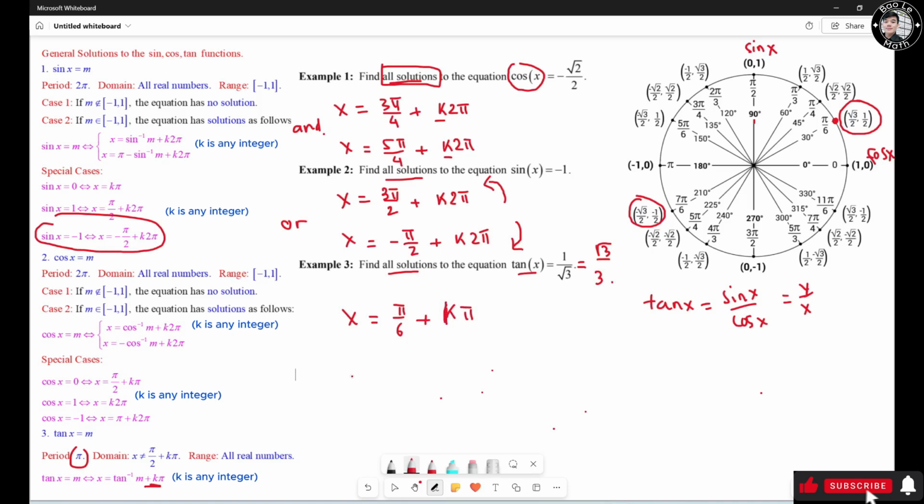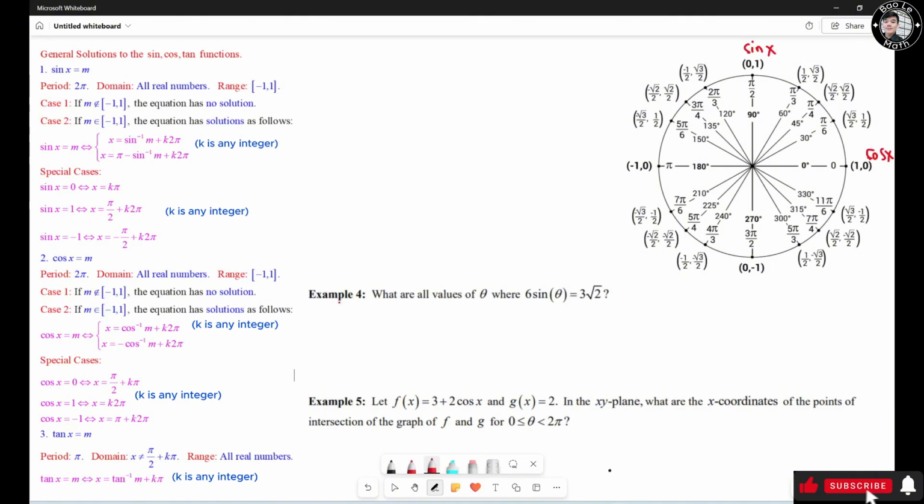Now, the second one, s equals 7 pi over 6 plus k pi. This guy and this guy are actually the same. You don't need to write both, you just write one of them. Because if I let k equal 1 and it goes over here, it should be 7 pi over 6. So you don't need to write this one. This one is enough.